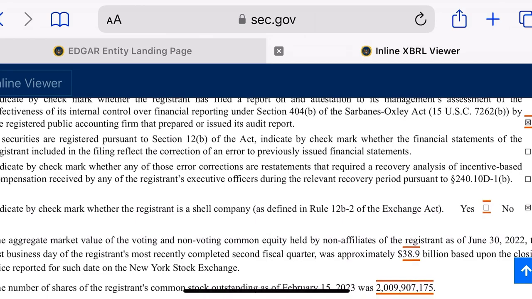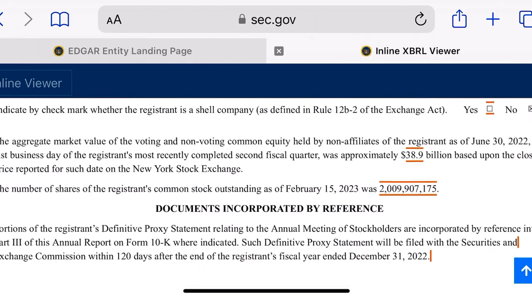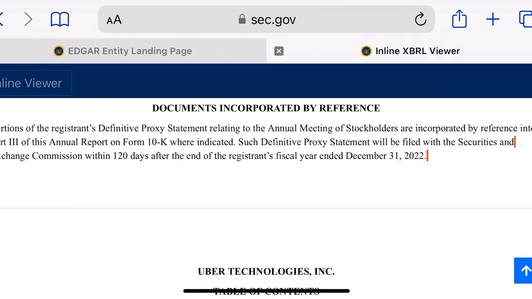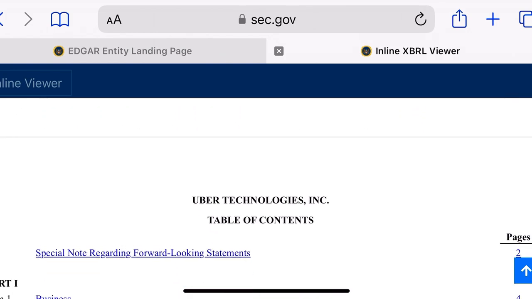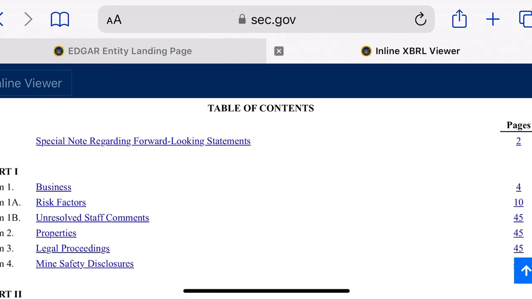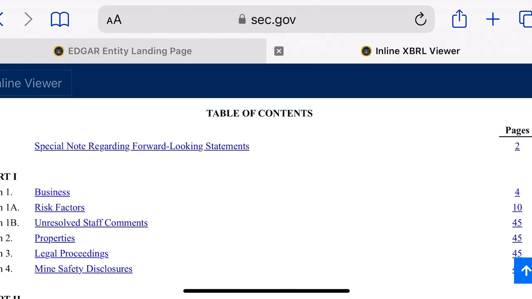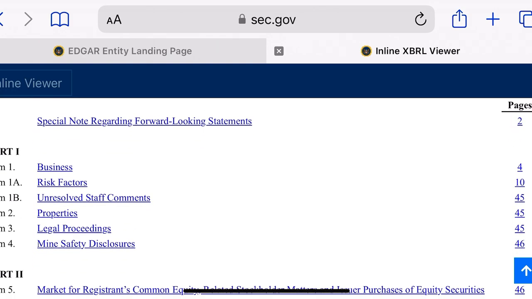You can find different dates and common stock outstanding there on that last line. A lot of these things in here are actual hyperlinks, so that makes it easy to jump around. If you go to a company's website and just get a PDF, they don't always put the hyperlink, so you really got to do a lot of scrolling.